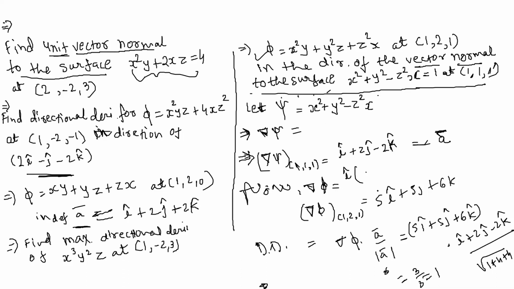Okay, phi is there. So it will be 2xy plus z square. Okay. Yeah. Okay, I'm sorry. This is right. This is correct. So answer is 1.